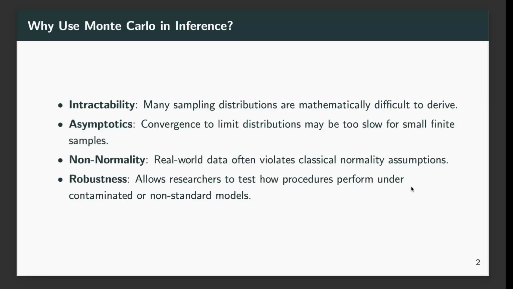For example, imagine we have a small fraction of observations which come from a very different distribution, like an outlier generating process. This allows us to compare, for example, the sample mean against the trimmed mean or the median under various contamination scenarios. This kind of study would be impossible without using simulation.